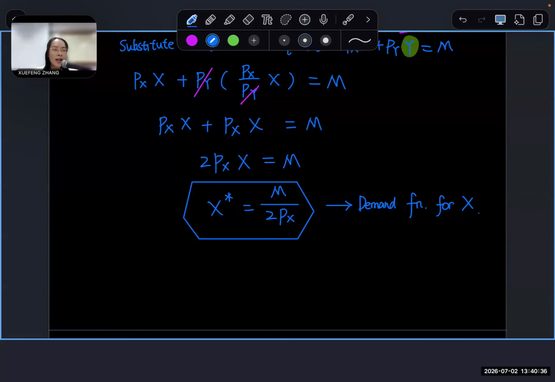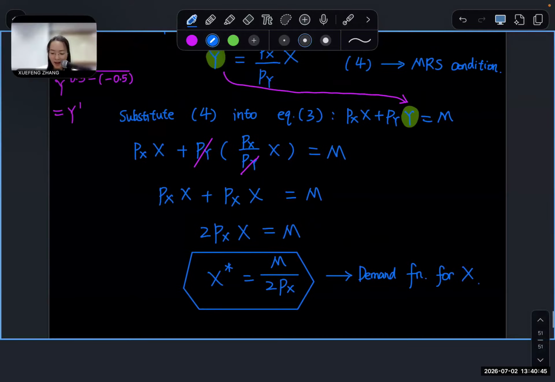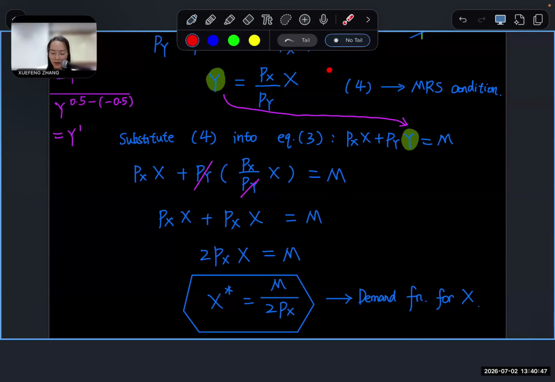Right? So I use star to represent this is our answer, demand function. And since we get x star, now I'm gonna substitute x star into equation 4, right? Because as this is x, I'm gonna substitute x star here, and then I'm gonna get y star, right?